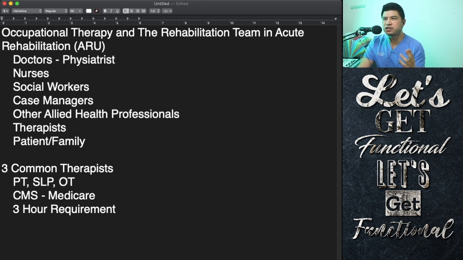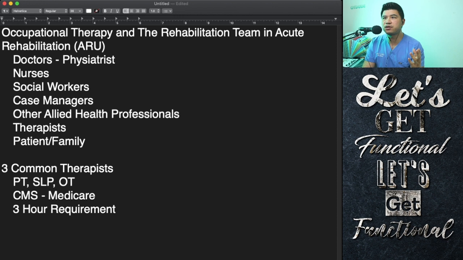A physiatrist specializes in ARU, so you'll typically find a physiatrist leading the team. You can think of them as the hospitalist for ARU in a way. They are at the top when you ask for orders. That's not to say that the physiatrist is the only doctor that works in ARU, but they're the one that ties everybody together.